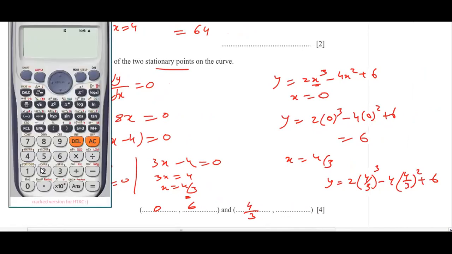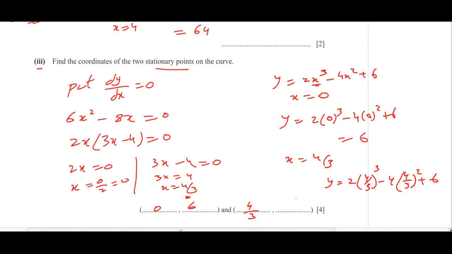Okay, so let's calculate. So y is 98 over 27.